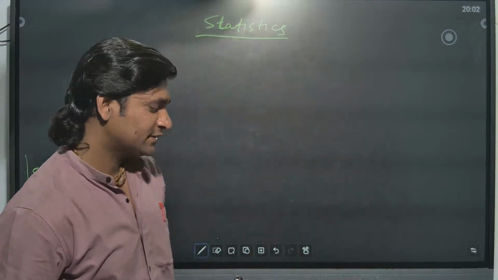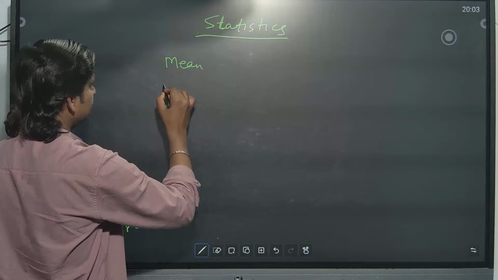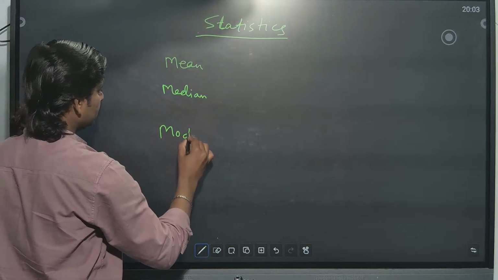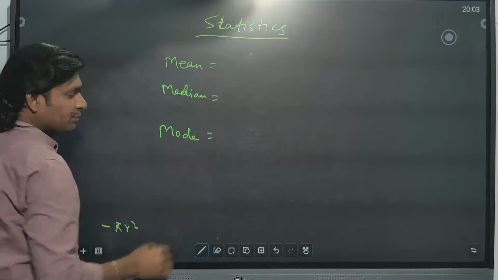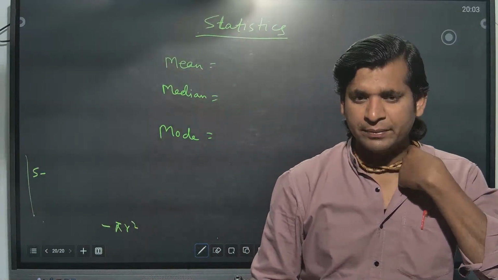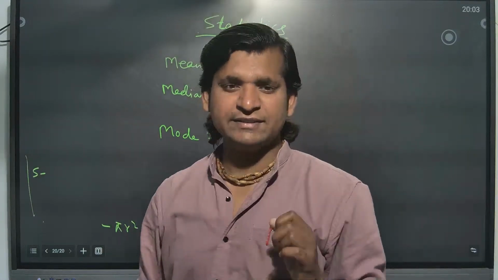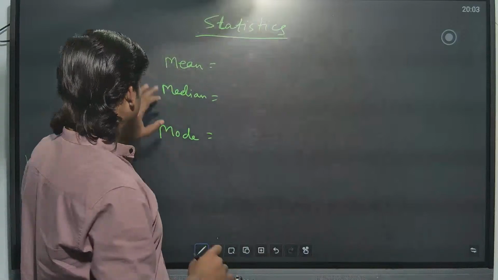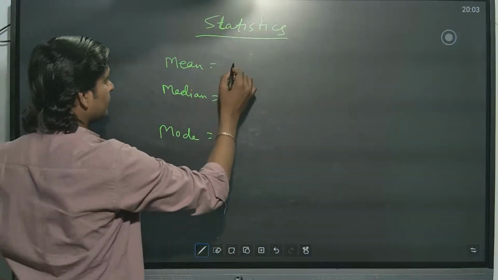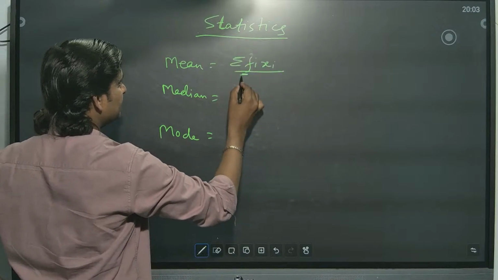In statistics, we have three concepts: mean, median, mode. For mean, I suggest you go directly with the direct formula, because the data they give will be small. If it is bigger, then only you go with the standard deviation method. If you see the data is small, go with the direct formula. What is the direct formula? Sigma fi xi by sigma fi.